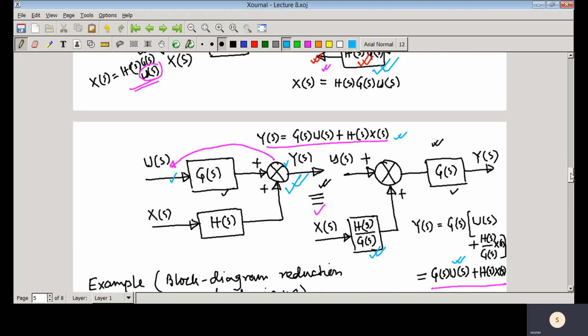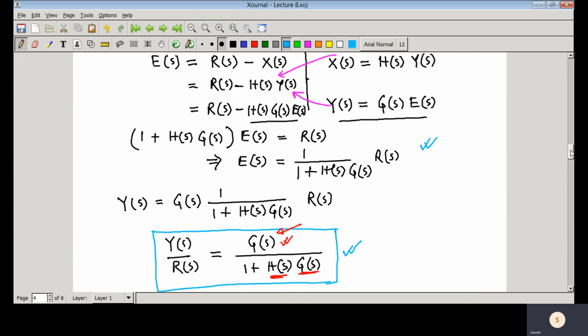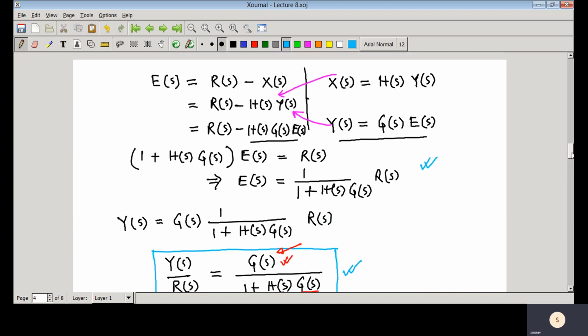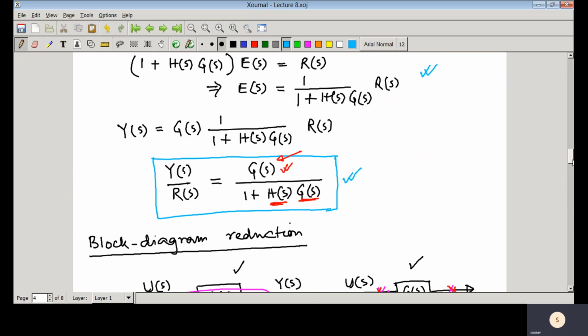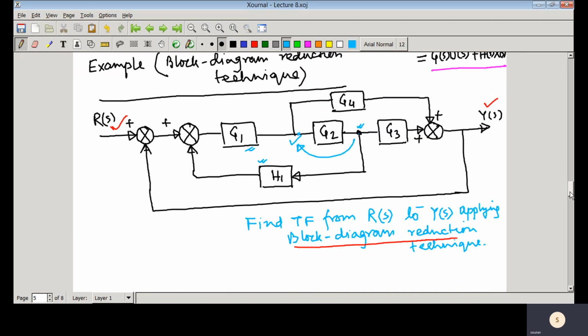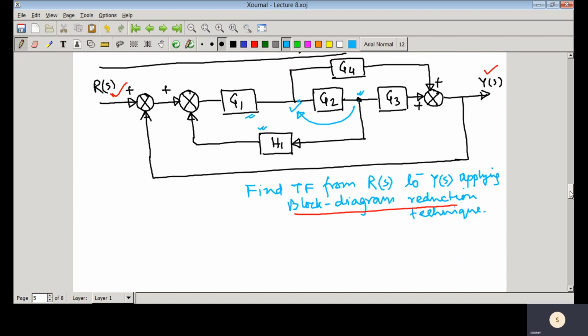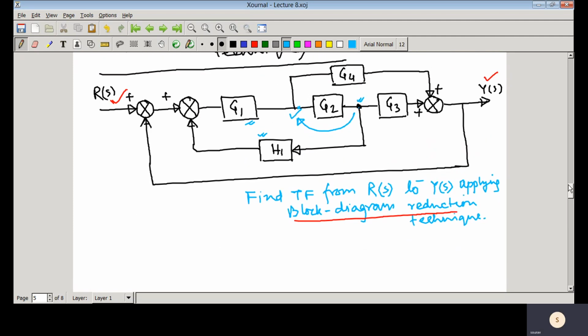Then directly we can apply this particular transfer function because it will come into this particular structure. So the first simplification is, you need to show all the steps here.